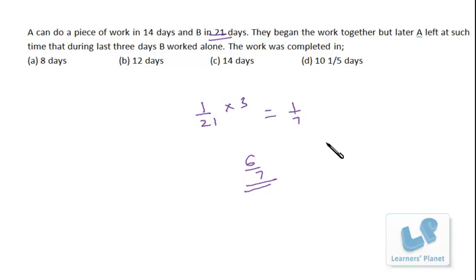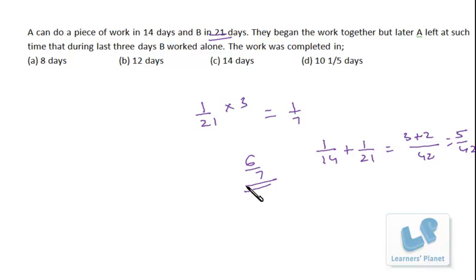Now the capacity of A and B to do the work per day is 1 upon 14 plus 1 upon 21. That is 5 by 42 per day. In a single day, both of them working together are able to complete 5 by 42 of the work.